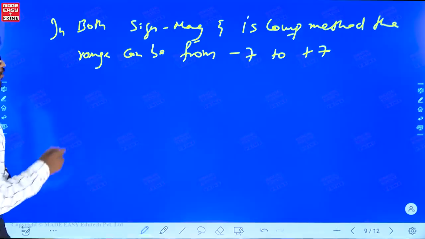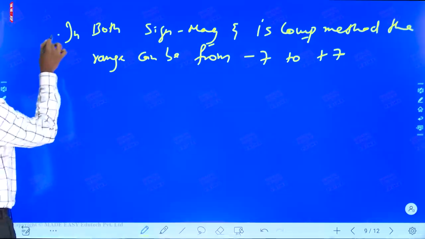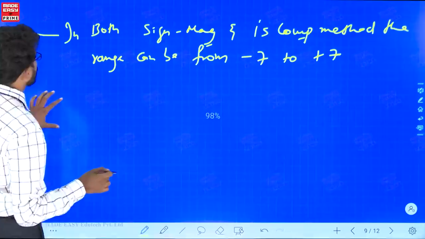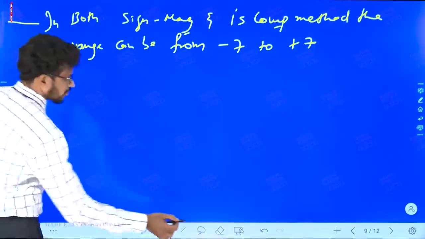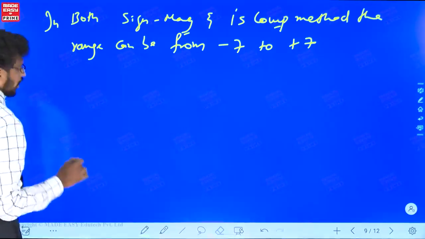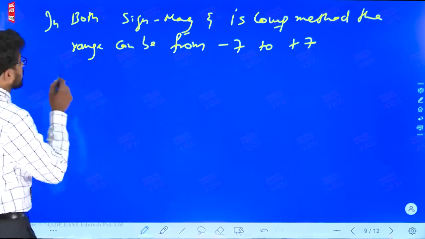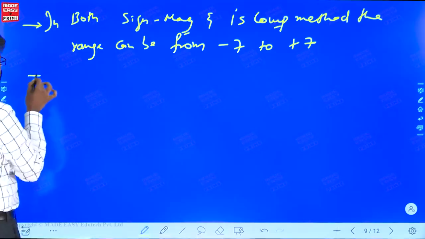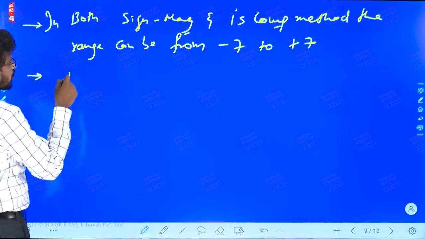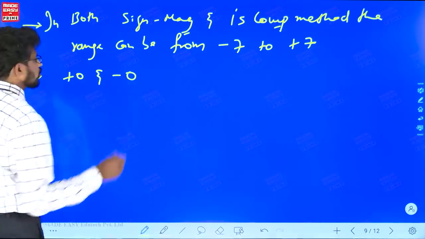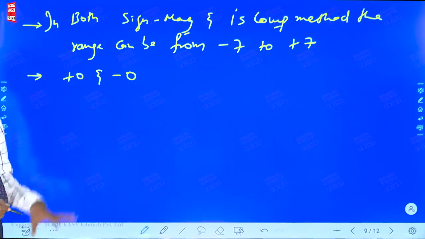So in both the cases, you got plus 0 and also minus 0.